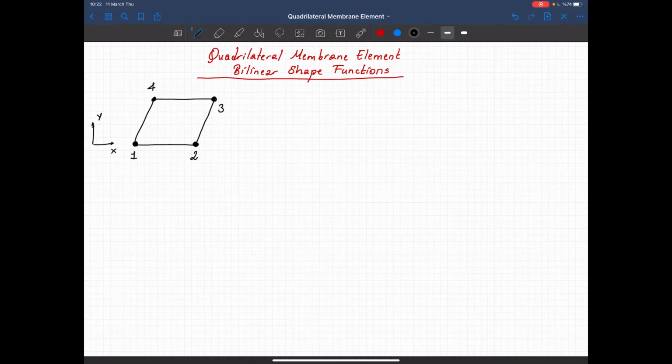So the coordinate interpolation, I will be using the bilinear shape functions.